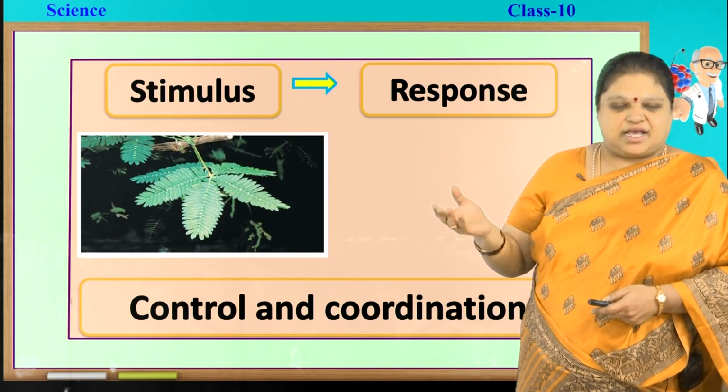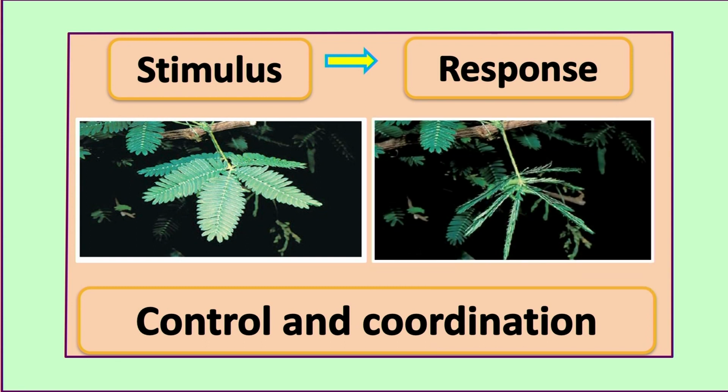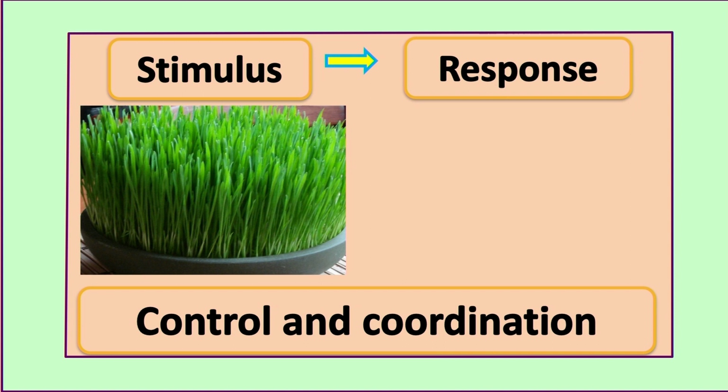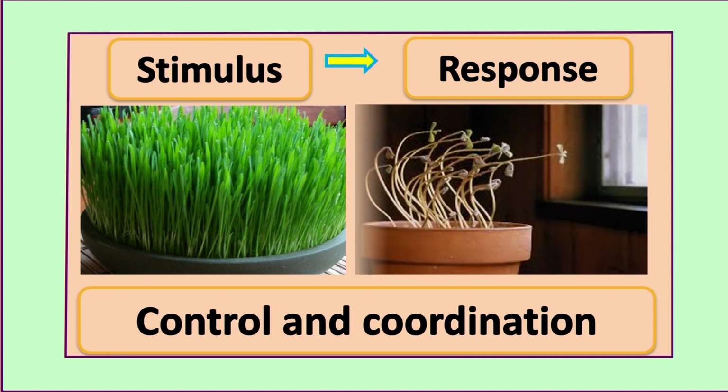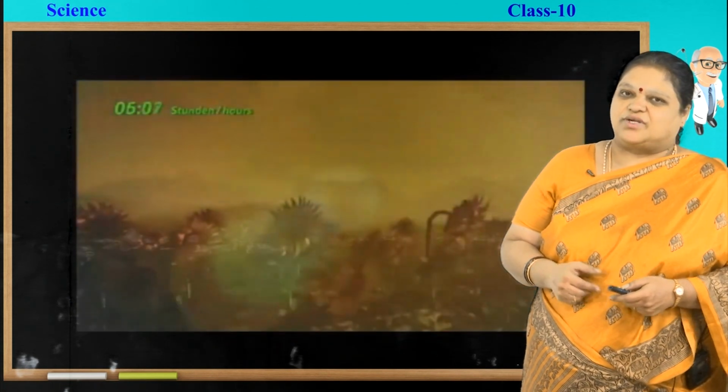You can see so many other things also. Here a Mimosa pudica plant is there. If you touch it, it will close. So, this is another type of movement, and you have grown here some plants. After some days, if you keep it near the source of sunlight, they will slowly bend towards the light. So, all these are responding towards the stimuli.